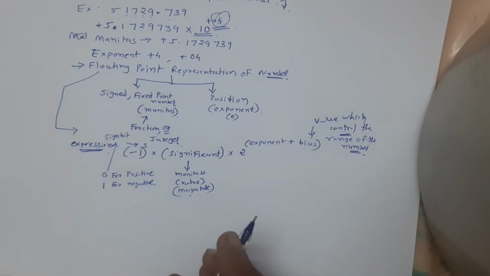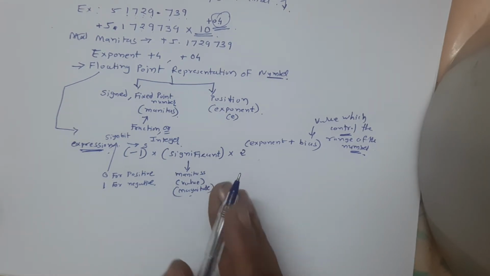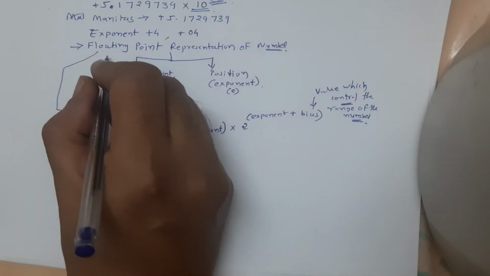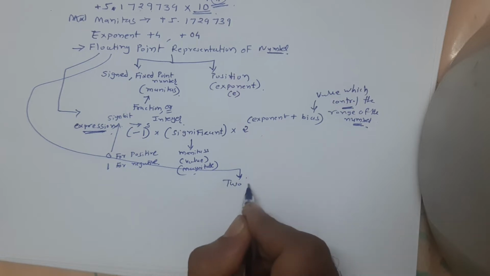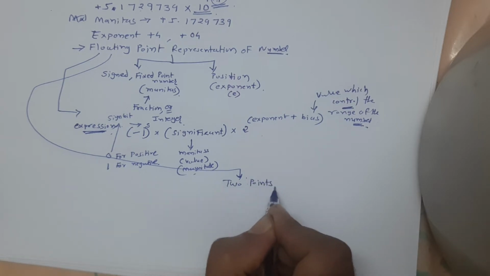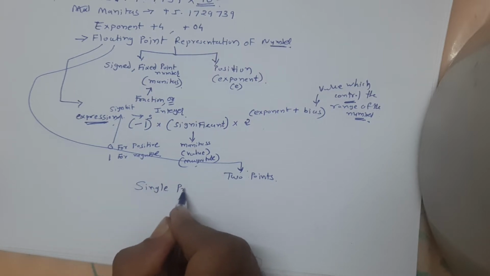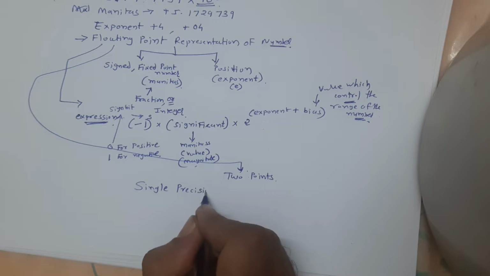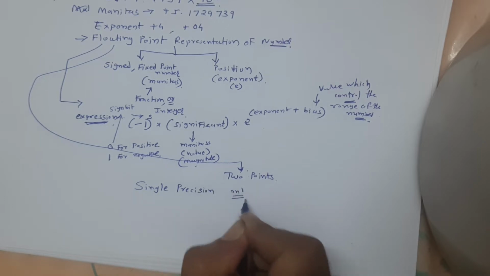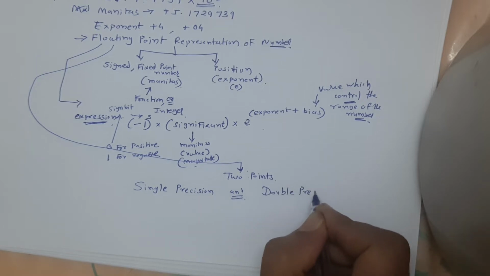There are two floating point standards, called single precision and double precision.